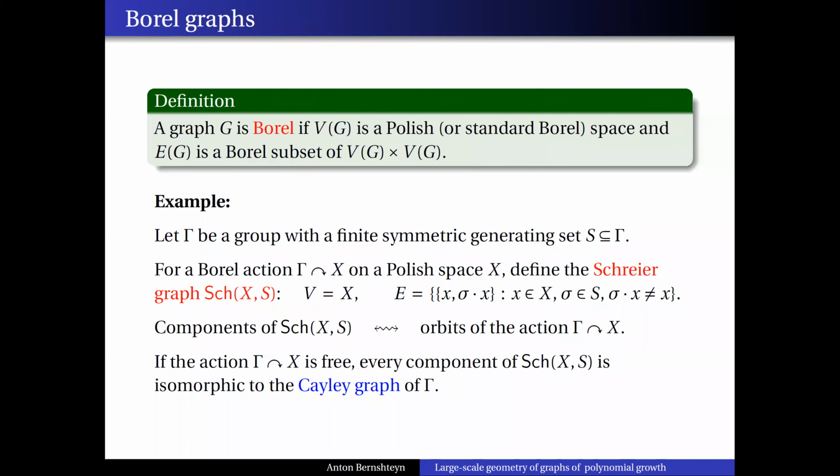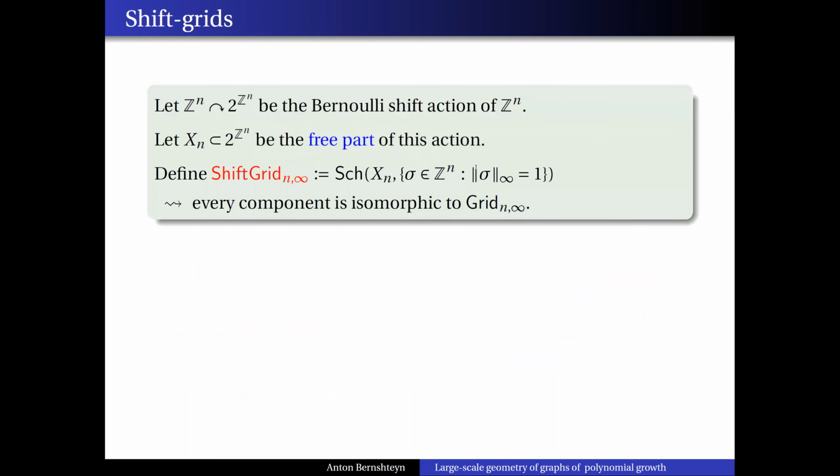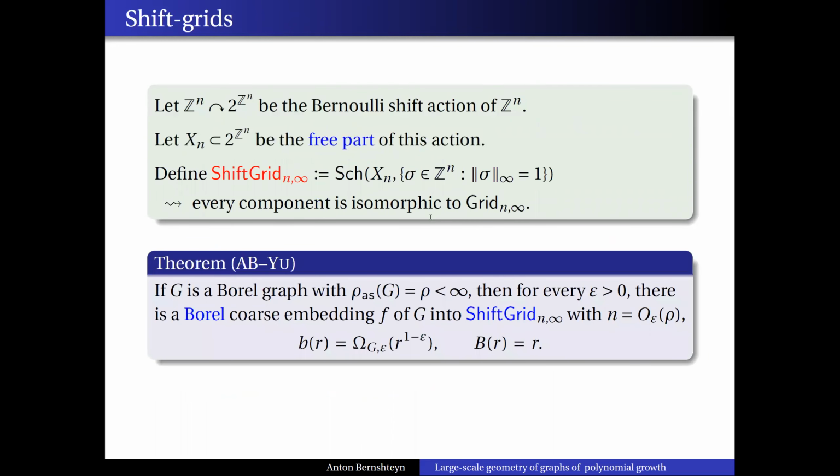The graph metric is way coarser. No, the other way around, way finer. The graph metric gives you the discrete topology, I guess. So we have that Polish topology there, and we have the Polish topology, the Cantor space topology on the vertex set of the shift grid graph, and we want the function f, this coarse embedding, to be a Borel function.